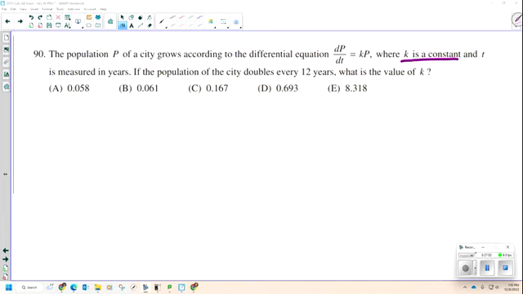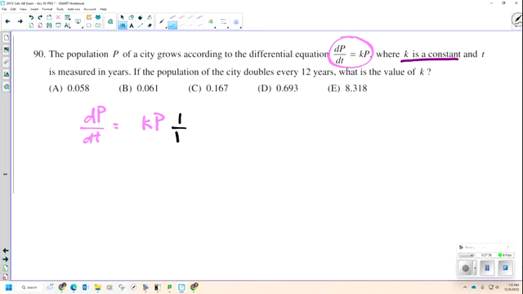All right, well, the first thing I'm going to do is I realize I need to come up with an equation. I'm going to have to do a separable differential equation right here, which means if I have dP over dt equals kP, I want to get my P dP on one side and my k dt on the other.